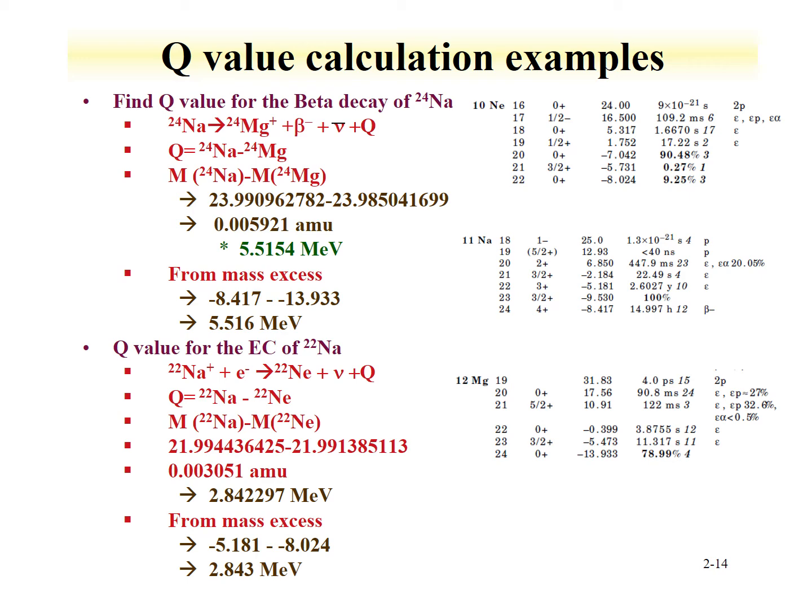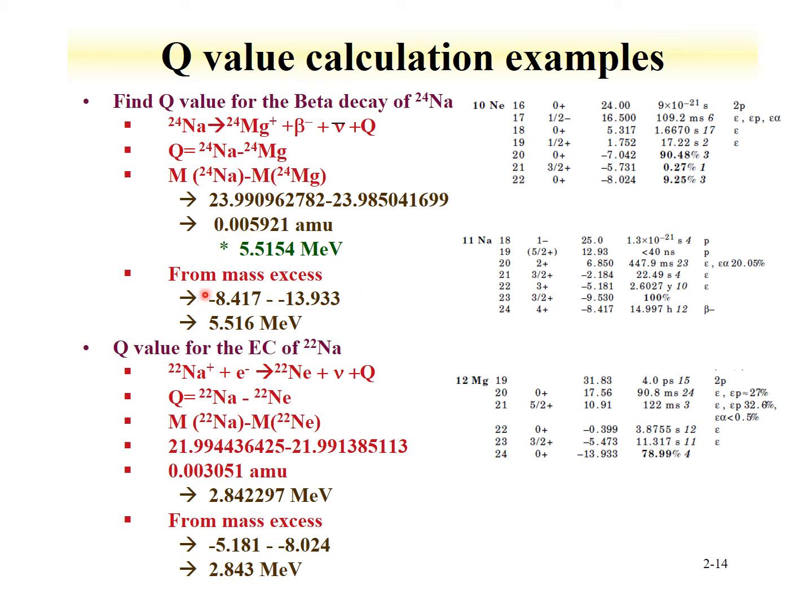The binding energy, if you remember, we can neglect. So the Q value is just sodium-24 minus magnesium-24. We get this from the atomic mass units, 931.5 MeV per atomic mass unit. Excuse me, this is our Q value.